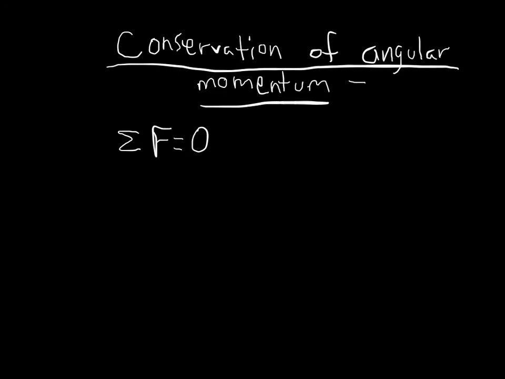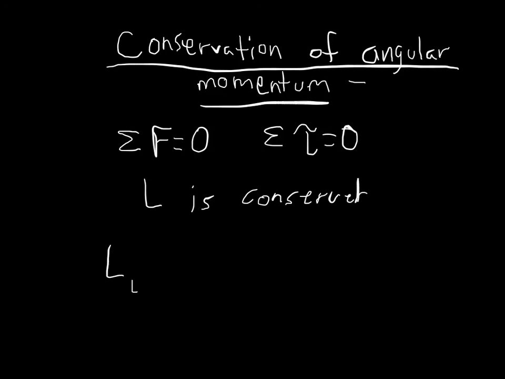If you have conservative forces acting in rotational dynamics, then the sum of torques has to be equal to 0. So there are no external forces acting, so angular momentum, L, is conserved. Which means that L initially is equal to L finally. We'll do an example in class to show this as well. So for this example, you'll also want to think of the ice skater. And that is chapter 8.